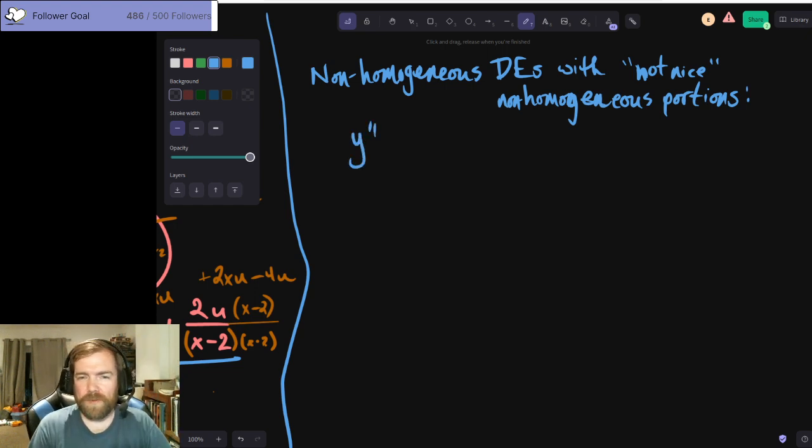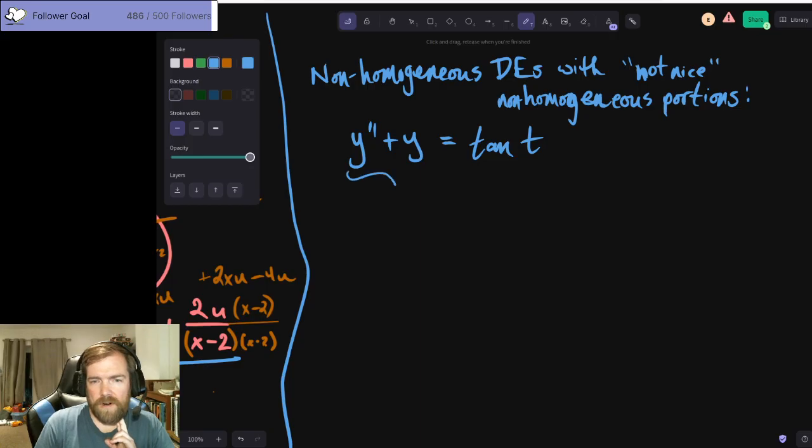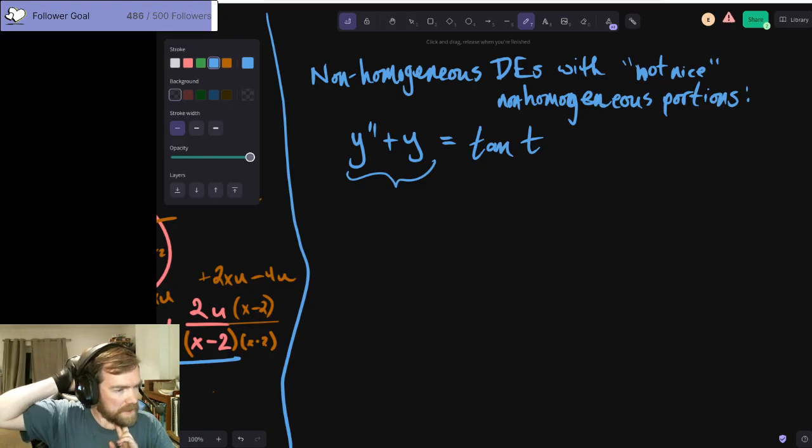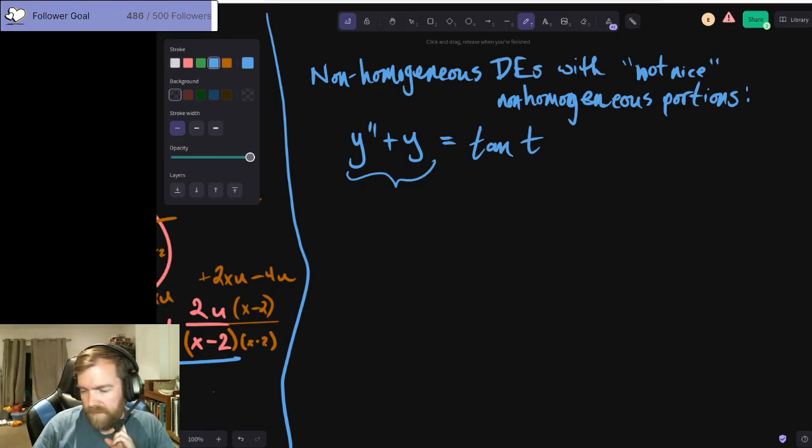So the example that I use fairly often is, what if we just have y double prime, nope, not y prime, plus y is equal to the tangent of t. So our homogeneous portion, we can fairly easily figure out what's going on with all of its bits.